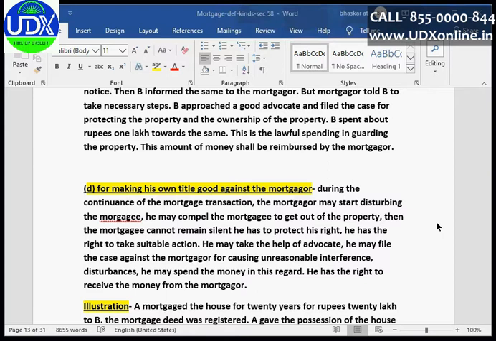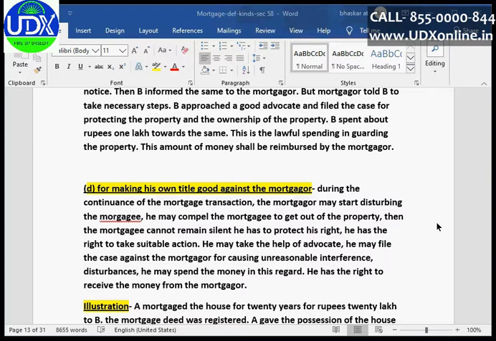So, this provision says, the mortgagee has given a good amount of money to the mortgager, for which he has received the possession of the property.